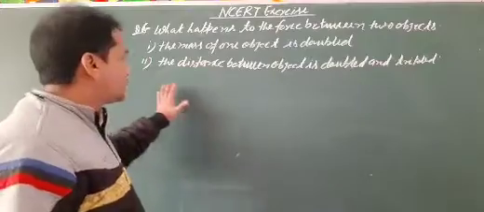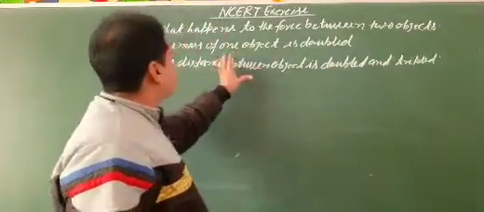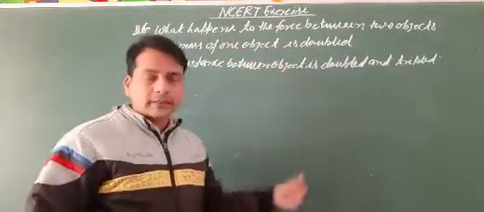According to this question, the distance between the objects is doubled and tripled. So what happens to the force between two objects?